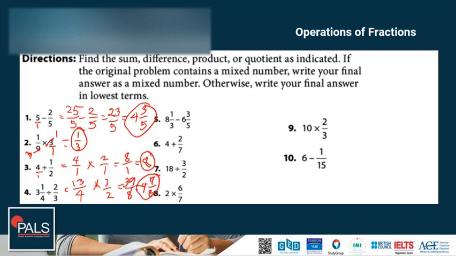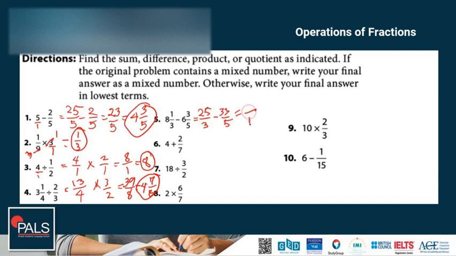Okay, number 5. Okay, we can change it to improper fraction. So we have 8 times 3 is 24, 25. 25 over 3 minus 6 times 5 is 30, plus 3 is 33 over 5. Okay, the denominators are not the same. So we need to find the common denominator. The common denominator is 15.